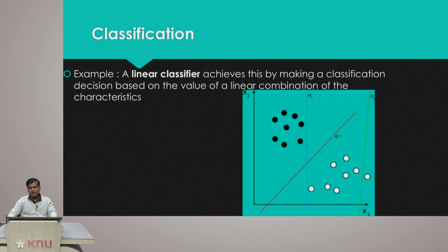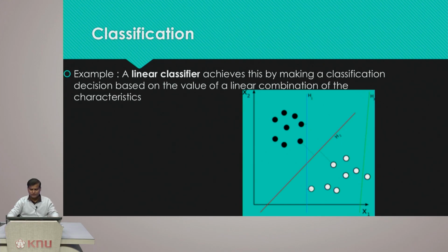Then comes the classification. As you can see in this picture, there are two sets. One is in black, the other one is in white. The main objective is to classify these two groups.